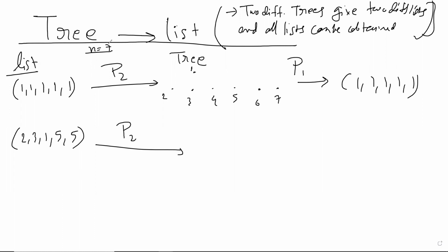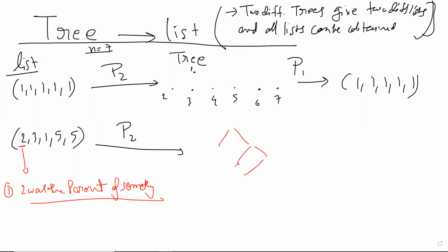Okay, that's right. So let's write that in words. This 2 suggests that 2 was the parent. So in my tree, 2 was the parent of something. Does everybody agree with this very small observation? I do not know what the tree is, but in that tree, when I was trying to make a list out of it, I put a 2 first, which means that 2 was the parent of something. 2 was the parent of what?